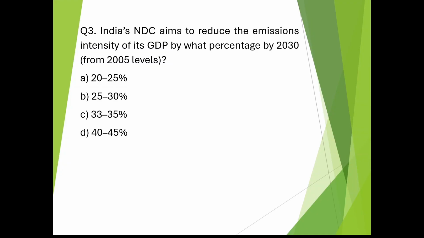Taking that as a reference, how much reduction does the NDC aim for in our GDP by 2030? Is the question clear?